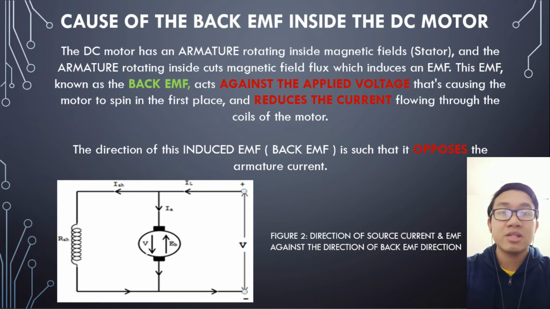We continue. The direction of the back EMF is such that it opposes the armature current. As shown in figure 2, the direction of the source current is opposite to the direction of the back EMF.